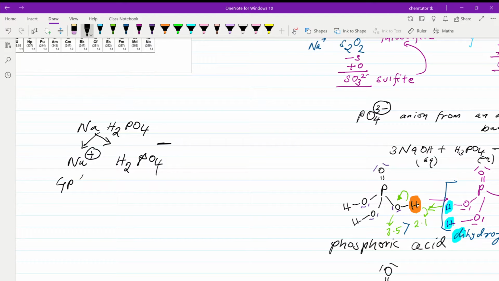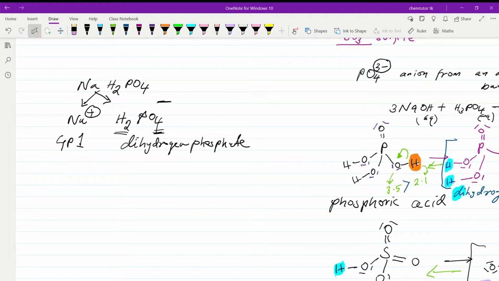So this one has 2 hydrogens here, so you will say dihydrogen. And this is phosphate. You have to verify that one. Phosphate.